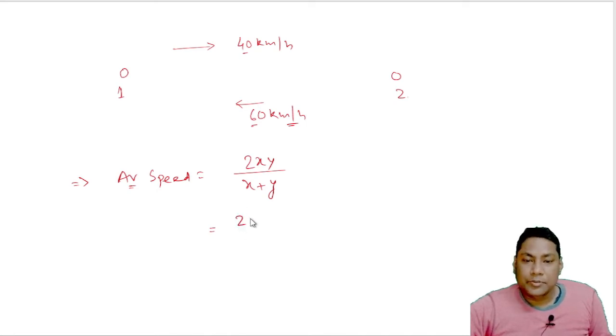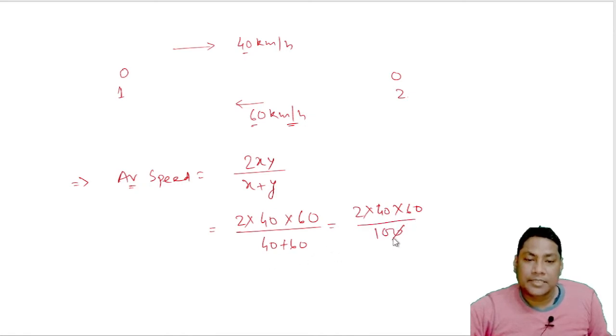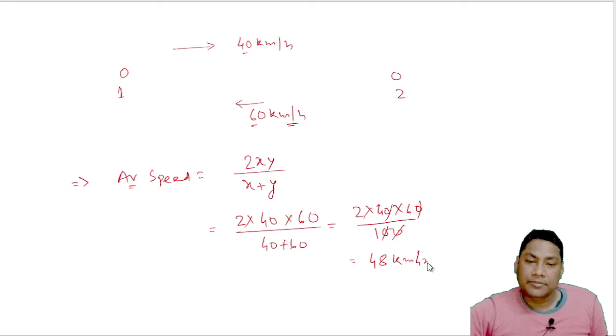Here 2 multiplied by 40 multiplied by 60 divided by 40 plus 60. If we solve, it will become 2 multiplied by 40 into 60 divided by 100. 0 and 0 cancel. 2 4s are 8, 8 6s are 48. 48 km per hour.